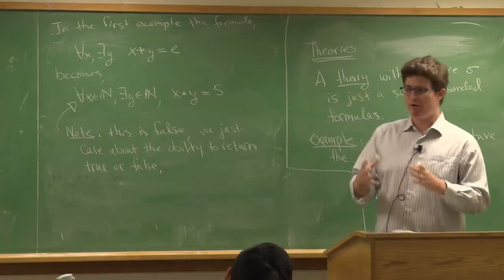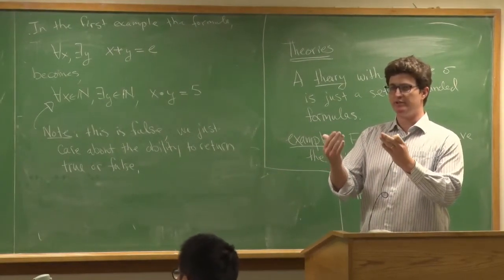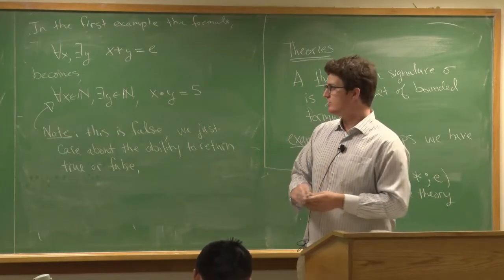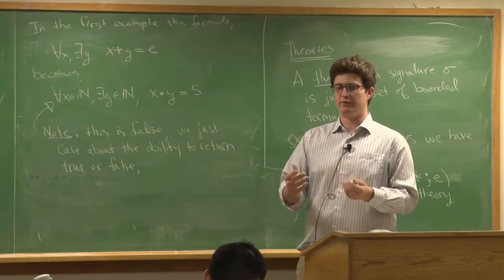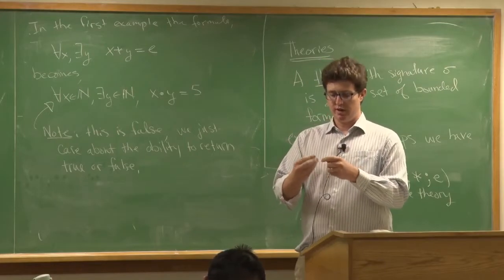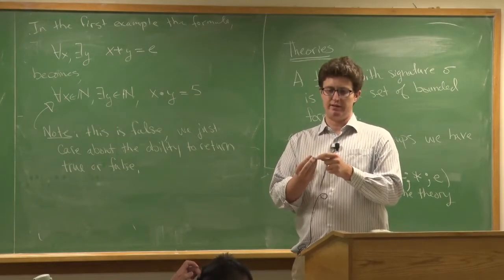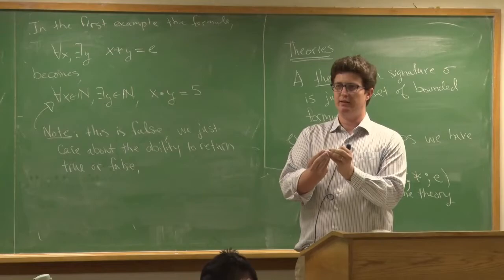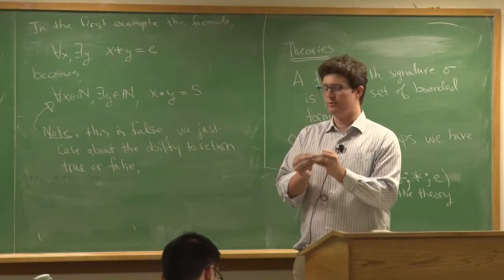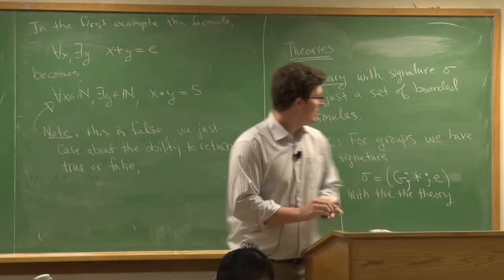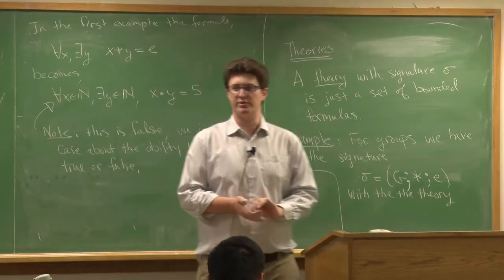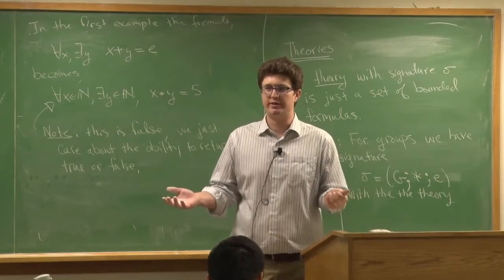Structures were sets with relations, operations and constants that allow us to interpret the formulas. For example, with the signature for groups, we had a set, and we could assign the multiplication meaning for that particular set, and that would be a structure for the signature of groups. Then we had theories. Theories were just a subset of formulas. It had nothing to do with structures. It's just a collection of formulas that you can make.